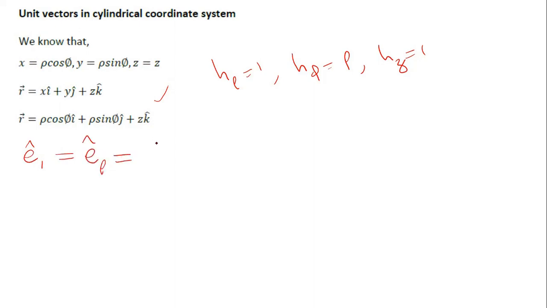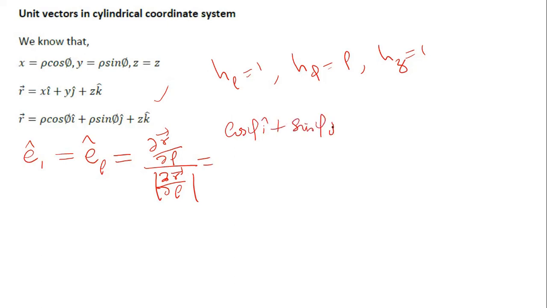E rho will be del r vector upon del rho upon the magnitude of del r vector upon del rho. Right, so del r upon del rho is, if you differentiate this, this is what you will get, cos phi i plus sin phi j, and differentiation of z with respect to rho is 0. And this scale factor is 1. So the unit vector is simply cos phi i plus sin phi j, like that.